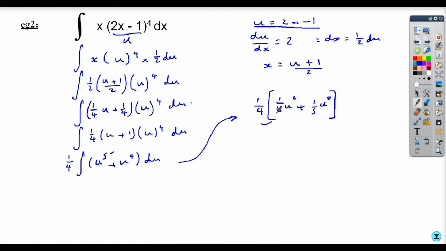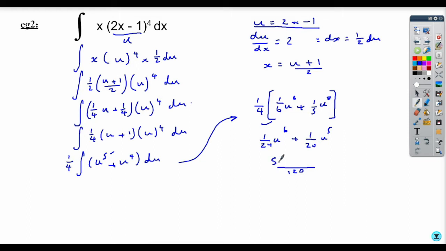If I now multiply all this by 1/4, I'm going to end up with 1 over 24 u to the 6 plus 1 over 20 u to the 5. And to finish off, I can actually add these together. I've got a common denominator here of 120. So if I write my common denominator 120, I'm going to multiply this one here by 5.